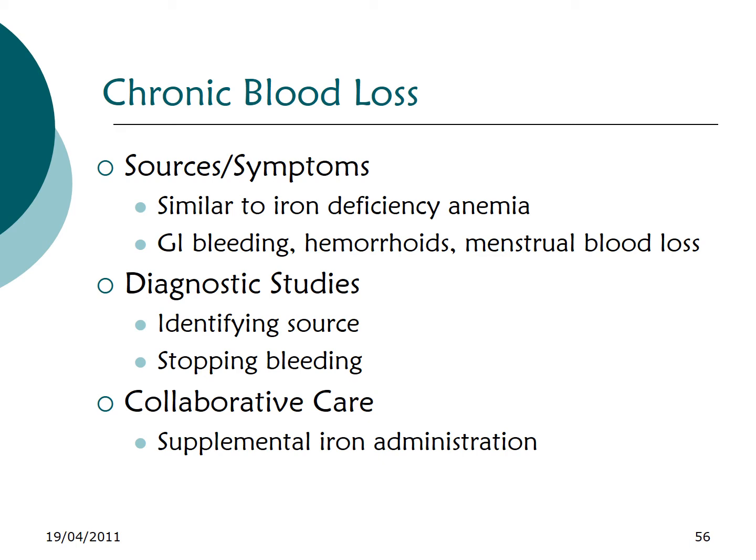So GI bleeding, hemorrhoids, menstrual loss. The diagnostic studies are to identify the source and stop it. Collaborative care is supplemental iron, like for someone who has fibroids and bleeds profusely every menstrual cycle. That could be chronic if it continues.